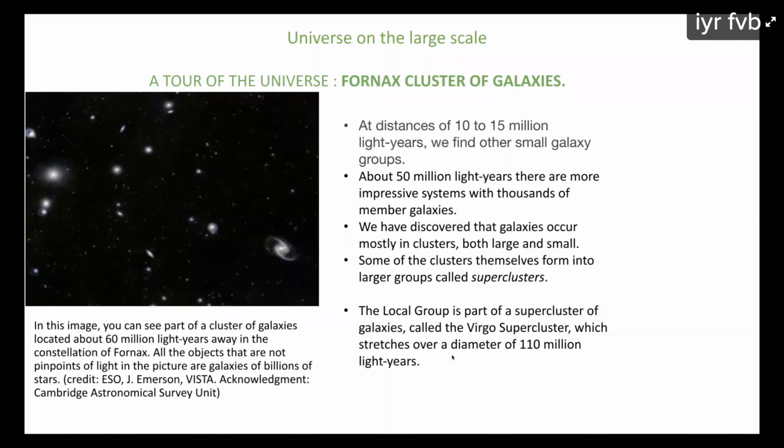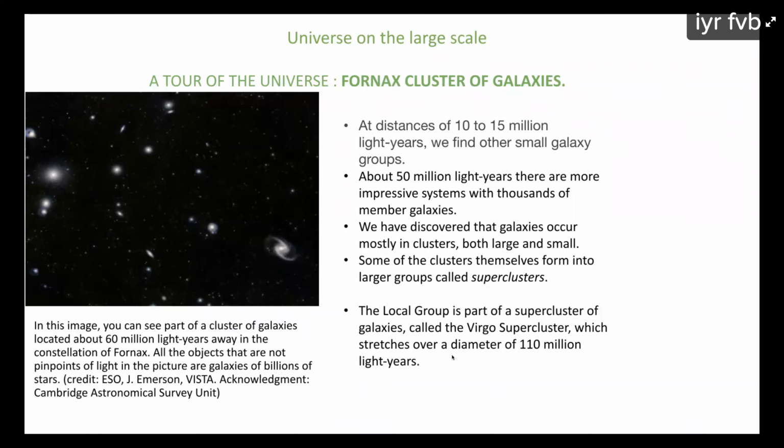Now, the image that you see here is a part of a cluster of galaxies. The group which we called the local group consists of around 50 galaxies, which is relatively smaller compared to large galaxy clusters.